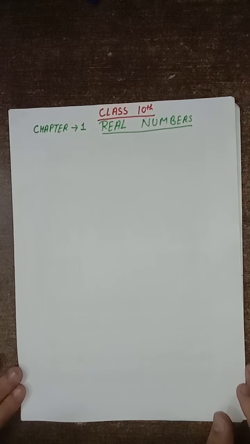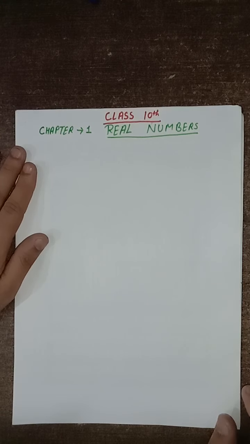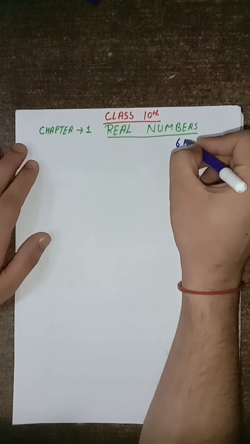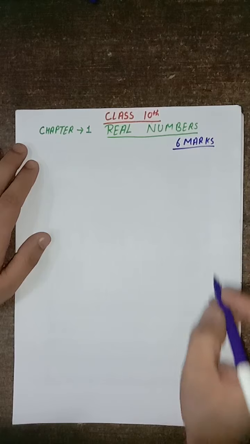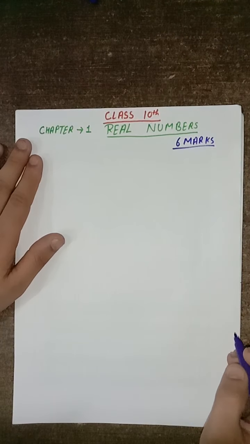Student, today we'll start a new chapter, that is chapter number 1, real numbers. If we talk about our final board exam, the weightage of this chapter is 6 marks. A 6 marks question will be from this chapter, that is chapter number 1.